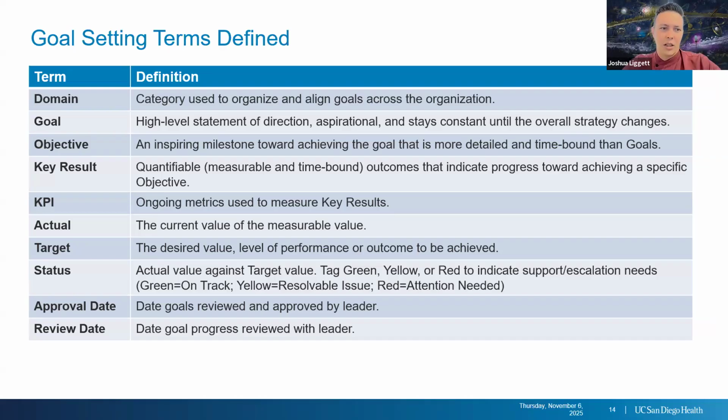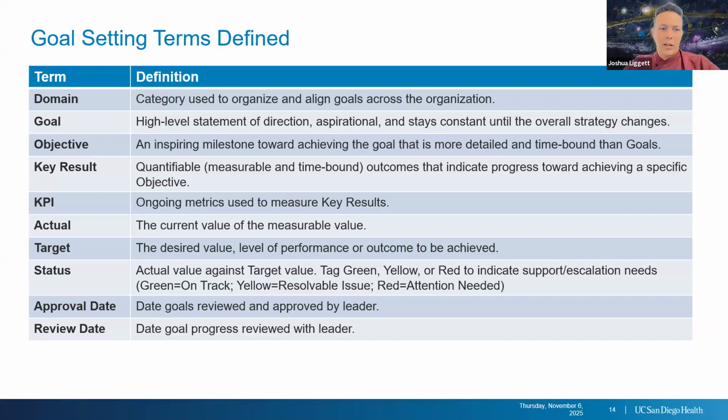The key result piece is additional, making sure that they are time-bound goals. And then we're monitoring our actual observable, measurable outcomes as we go, compared to whatever target we set based on our objective and key result pairs.